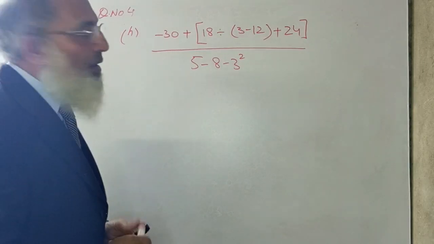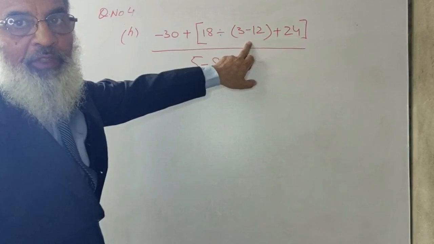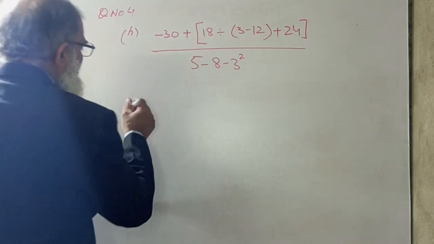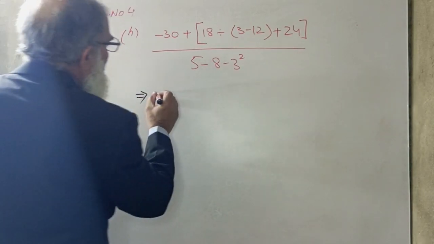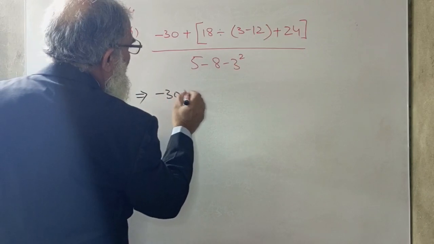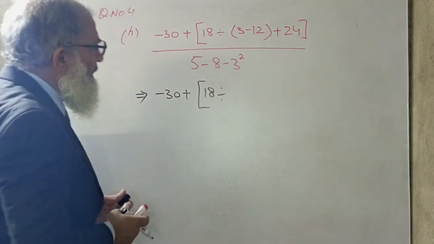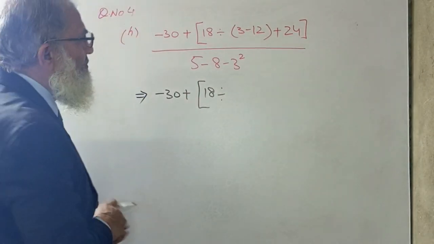So how will we do it? We'll just go to the innermost part of the question now. You see that I have just copied all other things as it is.